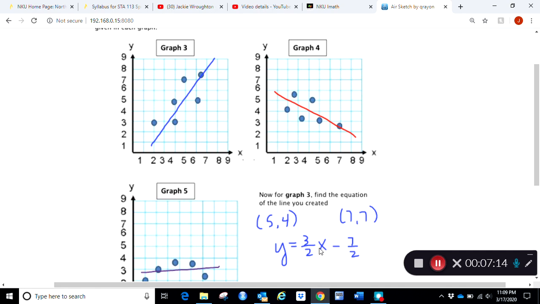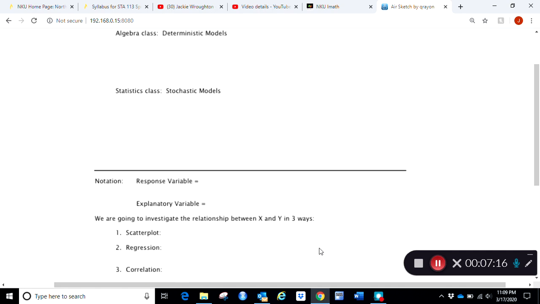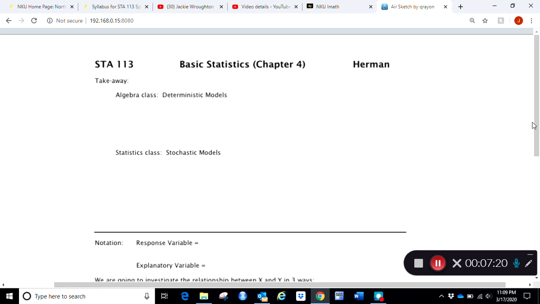So what is the idea that you should hopefully learn, or your takeaway from this activity? Well, what we learned in algebra class back in high school were what we call deterministic models. So let's first understand what that is, since you probably have some familiarity with that.